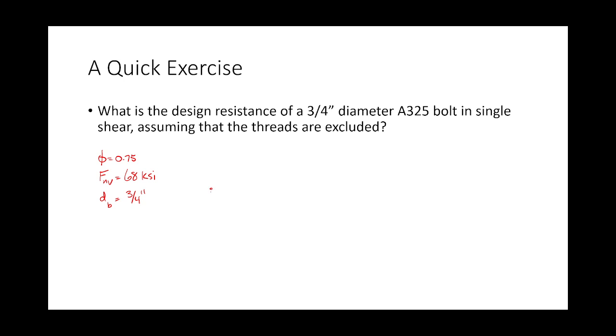So therefore, phi Rn is 0.75 times that. What is that?